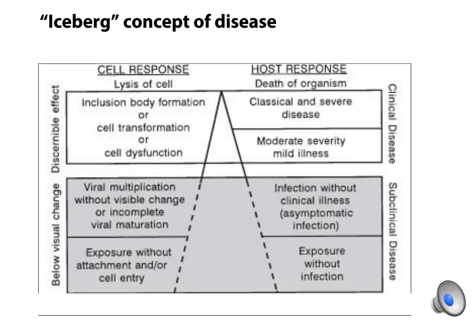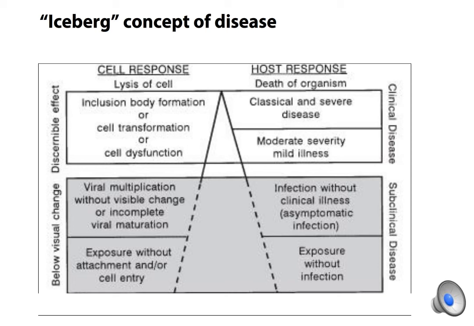I did want to just talk a moment about the iceberg concept of disease. At the very bottom of this graph, you can see that there's no visual change in illness. You have subclinical disease, so you can have exposure without attachment or cell entry. You can have exposure without any infection. You can have infection without any clinical illness. And there are large numbers, usually for most diseases, of that.